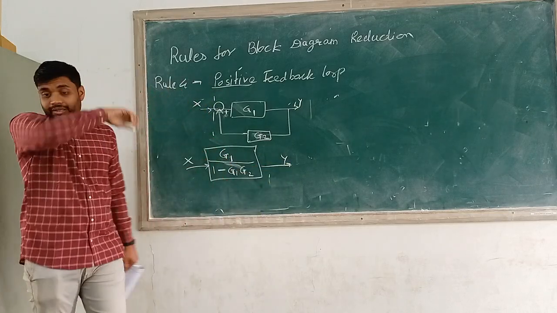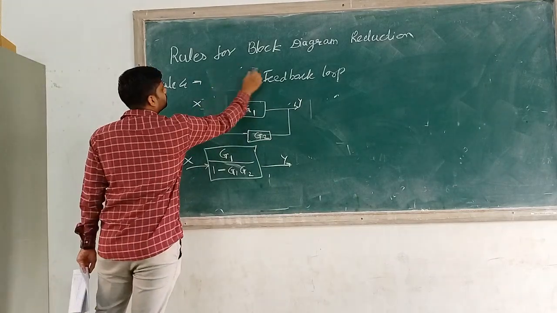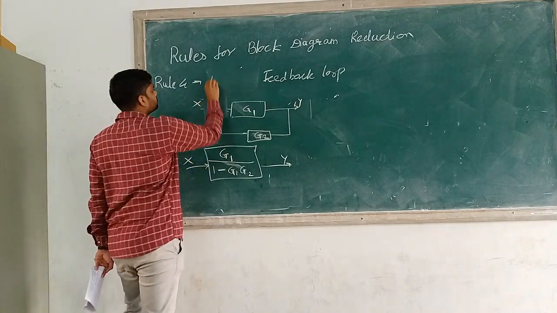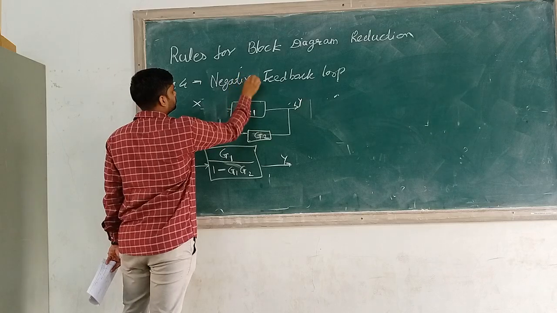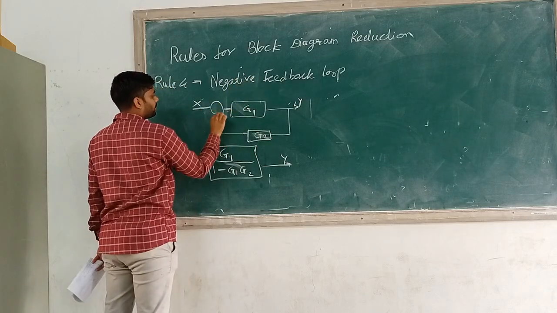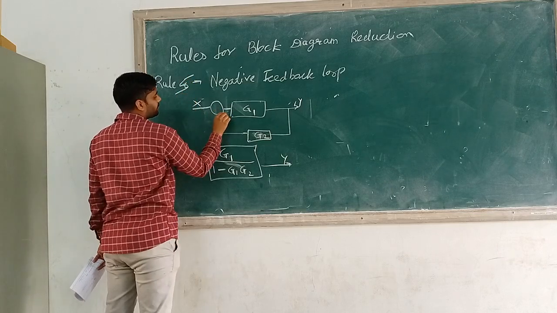Then what will be the reduction for the negative feedback loop? Here is the summing point, and the feedback is coming here as negative.